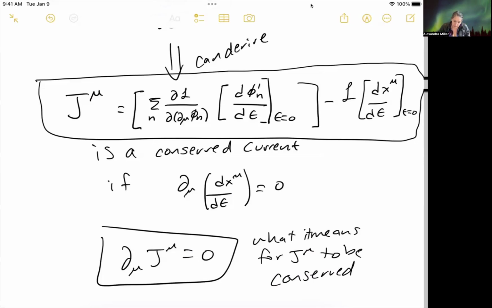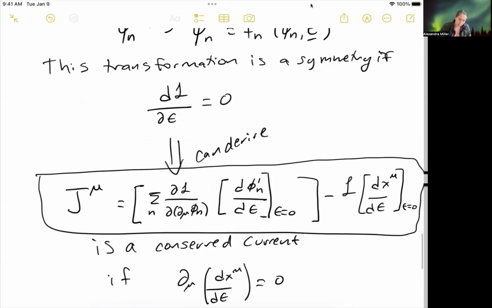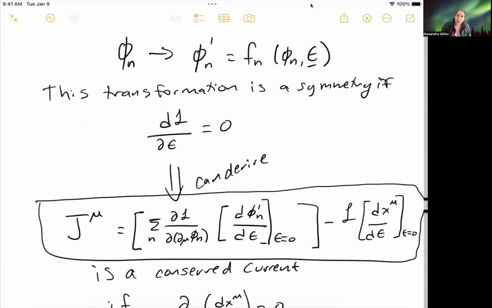Okay, so what this means is that you could consider some field transformation where you change your fields in some way. You can take these new fields, plug them into your Lagrangian, and then check to see if that Lagrangian is indeed symmetric under that transformation. So you just take the derivative with respect to epsilon and see if you get 0. If you don't, then it's not a symmetry of your Lagrangian.